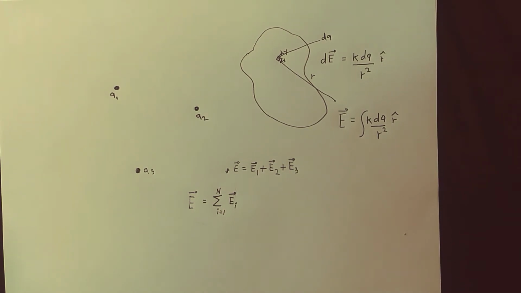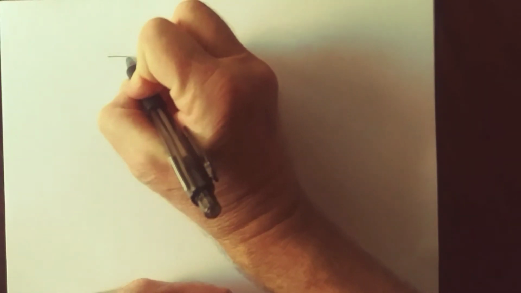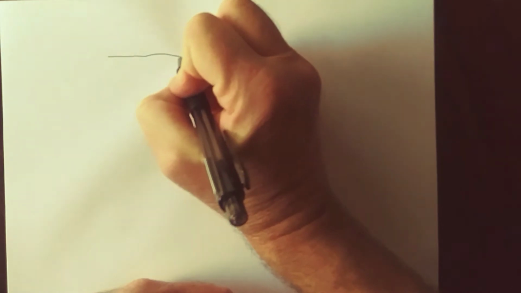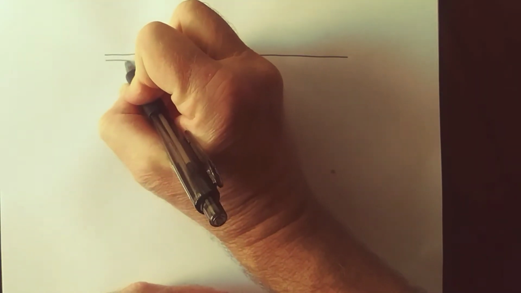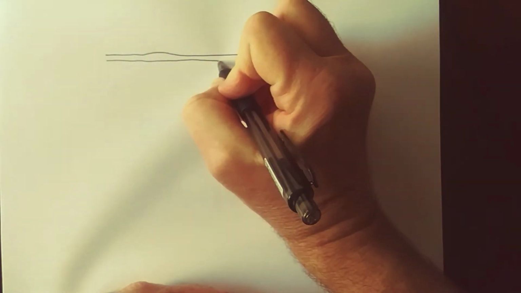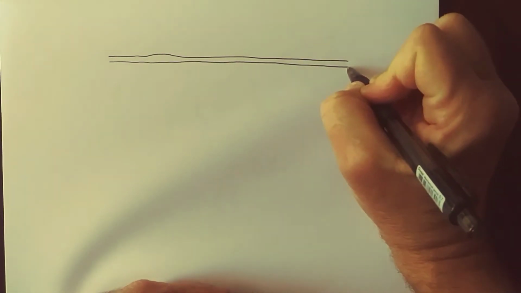Let's make a simple configuration of continuous charge, say charge distributed over a line. So maybe this could be the x-axis, and let's make it a little bit thick just for illustrative purposes.